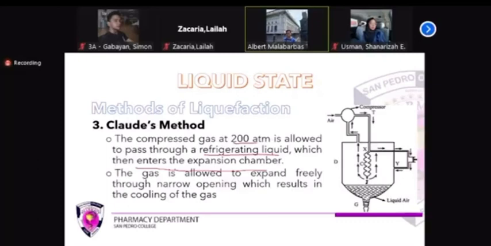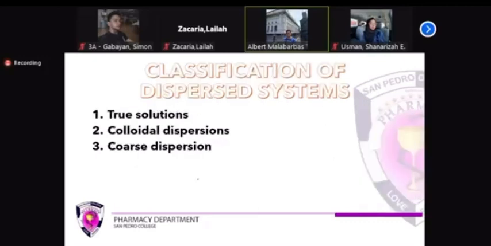So the difference between Linde's and Claude's method is that in Claude's method, a gas after cooling, it is allowed to pass through an expansion chamber. Okay? So yun lang for the liquefaction of gases.